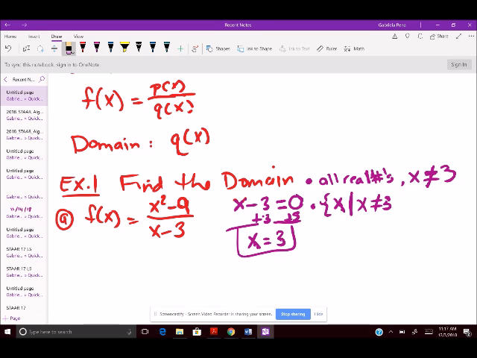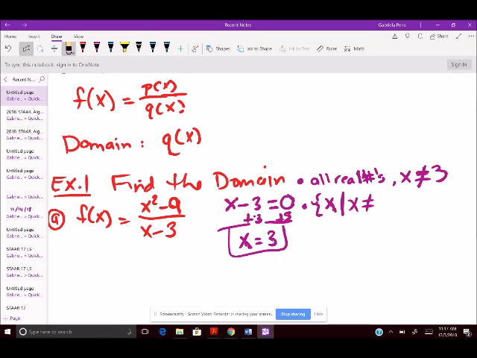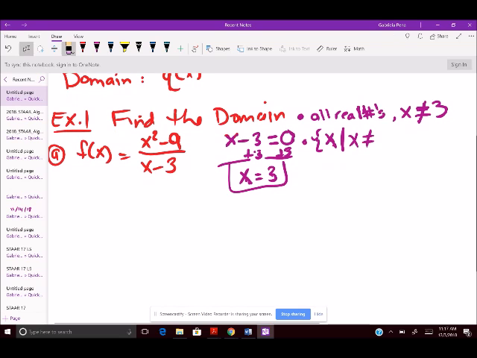It could look like that, or it could look like this. Negative infinity to 3, union 3 to positive infinity. So it's everywhere except the 3.